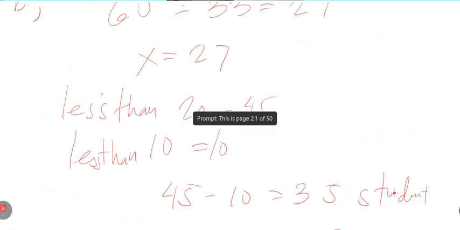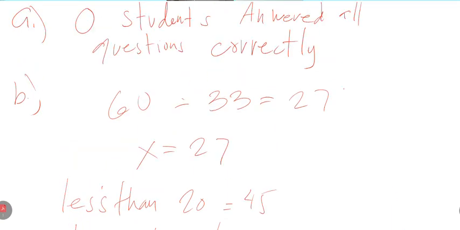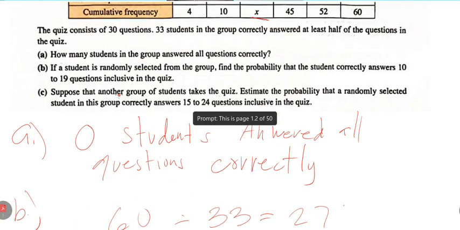Now for C. Suppose that another group of students takes a quiz. Estimate the probability that a randomly selected student from this group correctly answered 15 to 24 questions exclusive in the quiz.